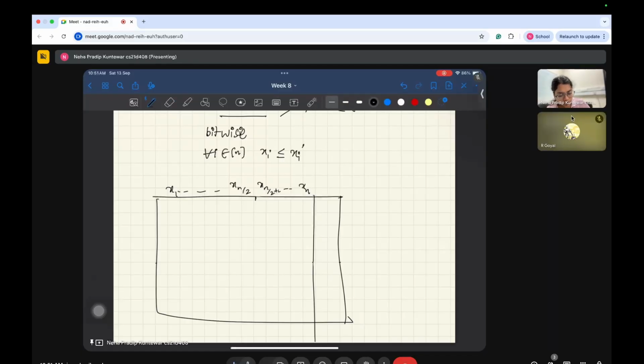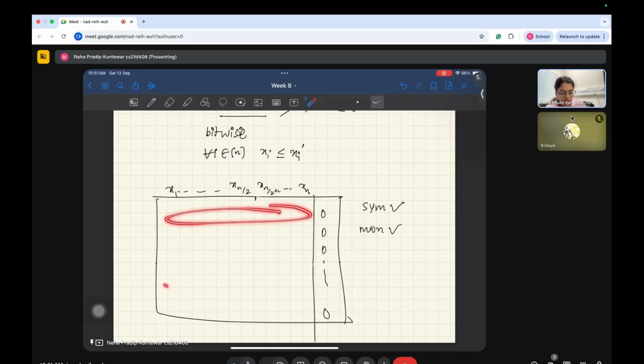No matter what the input is, the function is a constant zero function. This is symmetric because it does not depend on the order; it will always output zero. It is also monotone because for any x and x prime, it never happens that you go from a 1 to a 0, since the output is always 0.